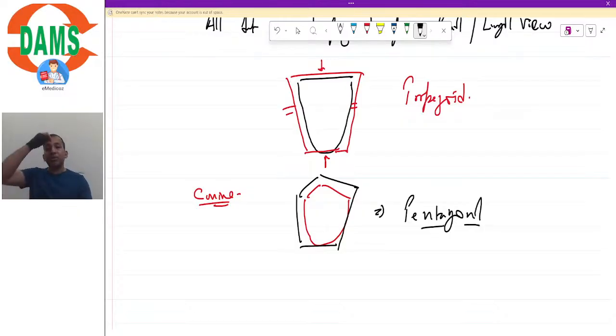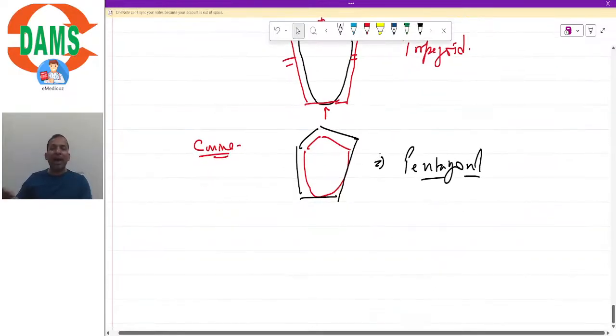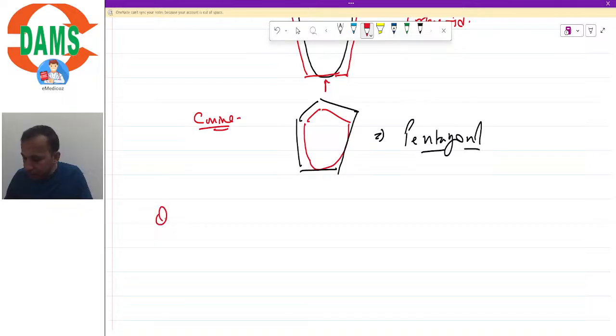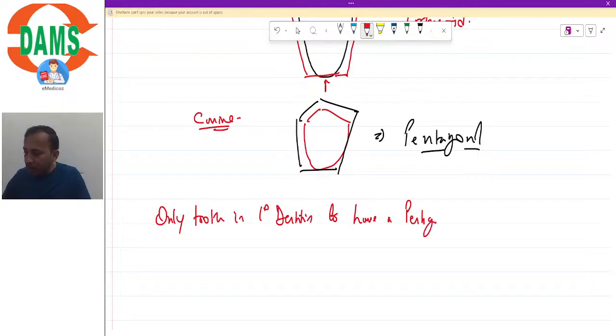Which is the only tooth in the deciduous dentition to have a pentagonal labial or lingual outline?